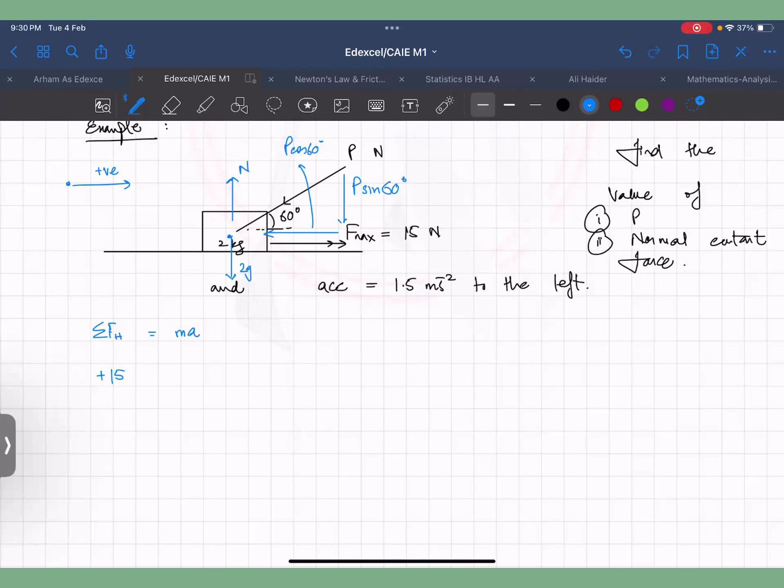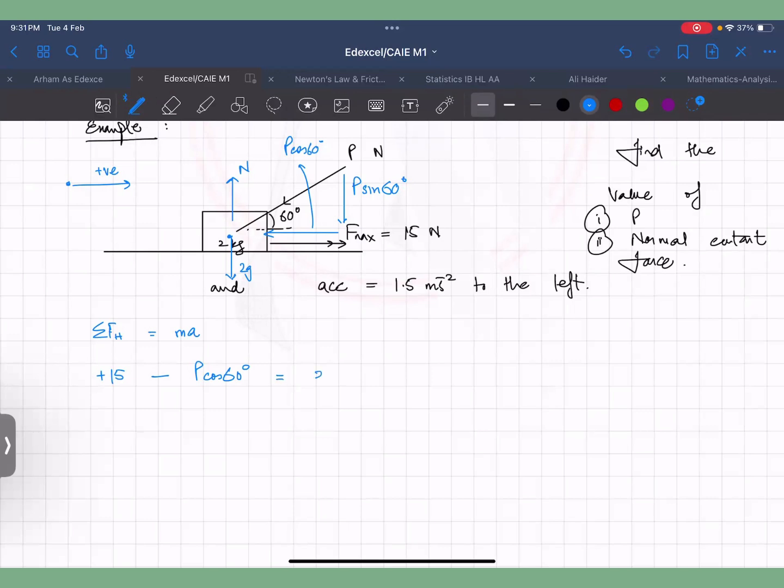It will not always be negative. Okay, it depends on the sign convention. Sign convention is very important. And then plus you have, sorry, minus P cos 60, isn't it? Because this cos 60 component is acting to the left side, so the direction of P cos 60 would be negative, is equal to, there's no other horizontal force, is equal to ma.